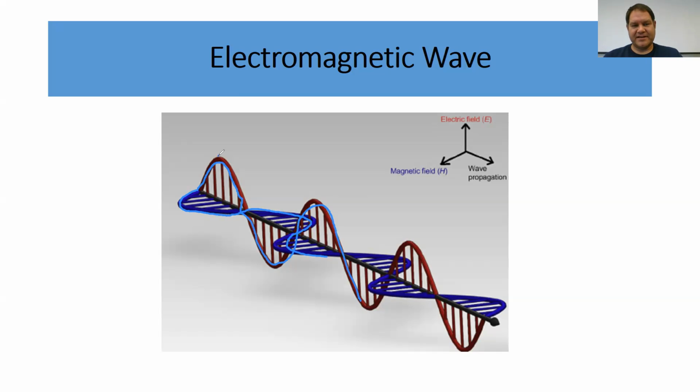But the same wavelength, there's the wavelength, right, from crest to crest, that's the wavelength. You've got the wavelength here from this point to this point, and this wavelength is the same as this wavelength. They have the same frequency, same amplitude, okay?